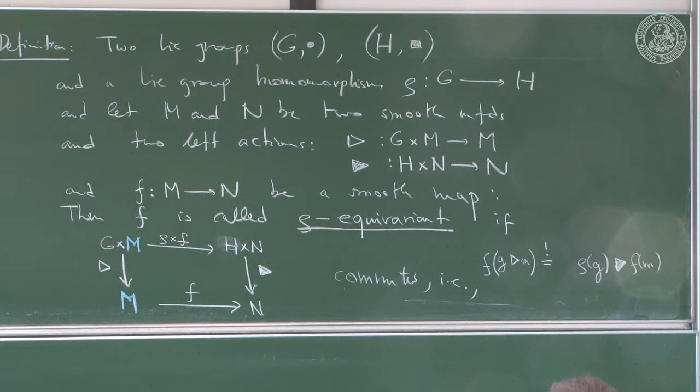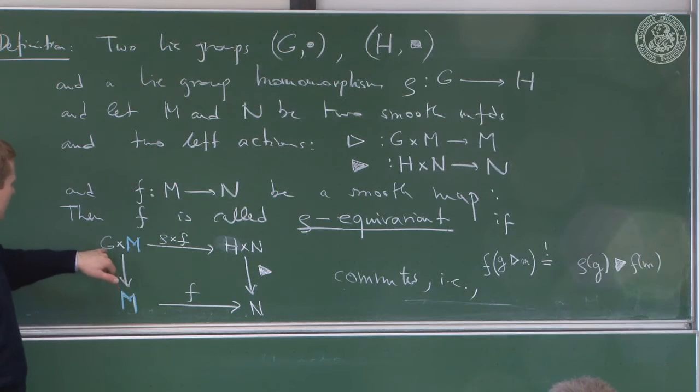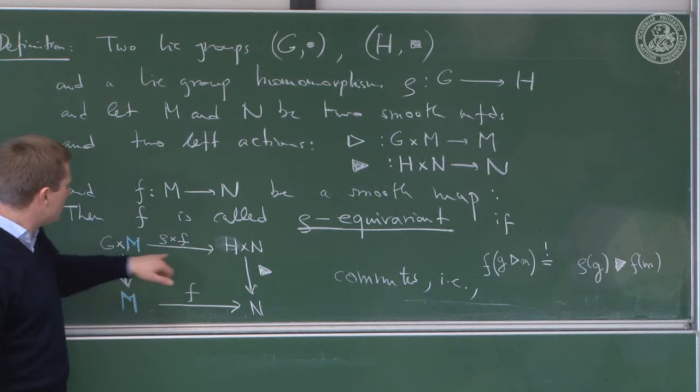Okay? Right. So this is rho equivariance, and this plays a role in physics. You can do this without this rho. You can say that this H is the same as this G. But in physics, for instance, you have here the Lorentz group, SO(1,3), but now you want to compare this.